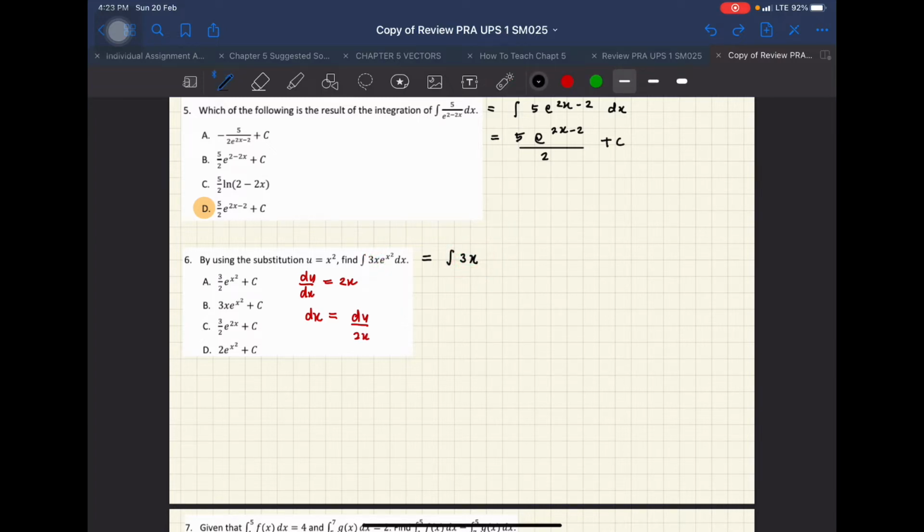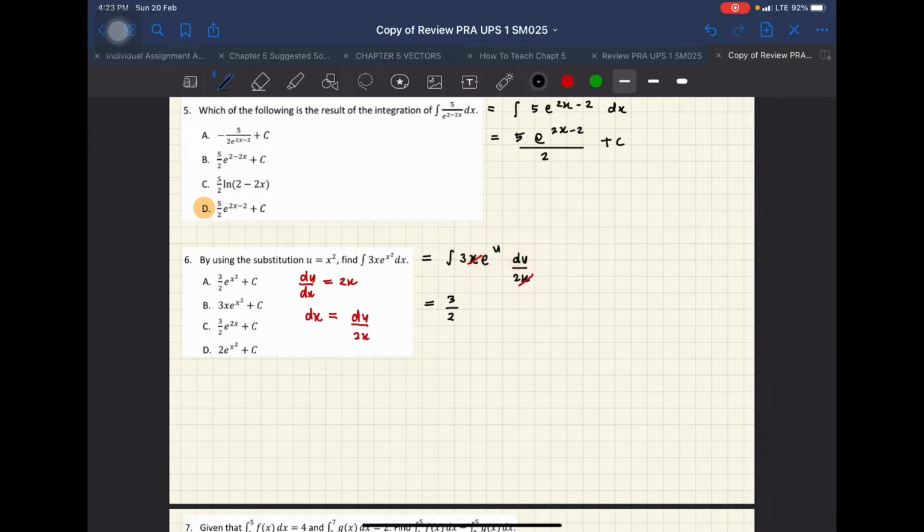Okay, and then our e now have power of u, and then dx dah jadi du over 2x. So awak boleh cancel out this one and also this one. Okay, so we have a constant of 3 over 2. Put it in front. So now you are left with e^u du.